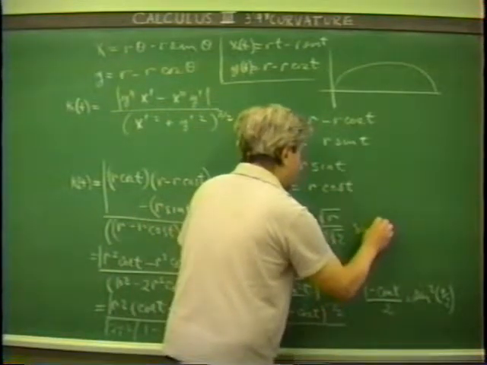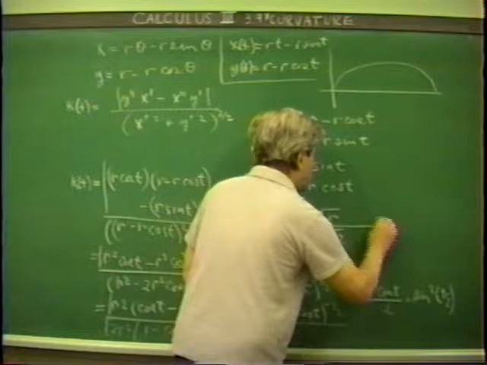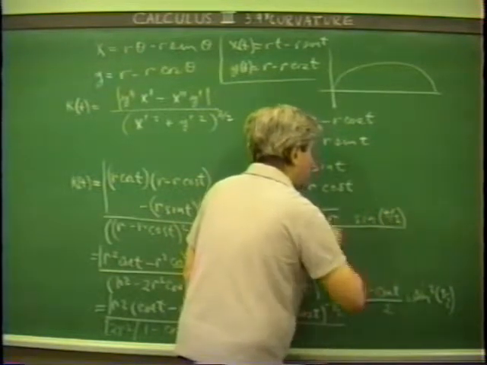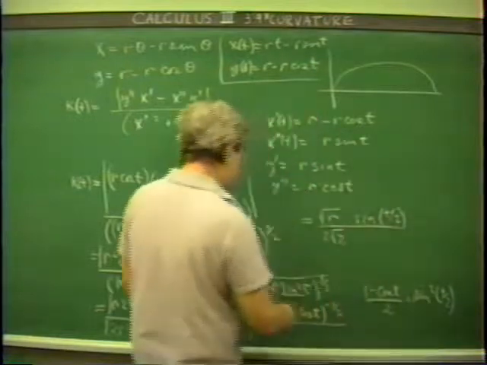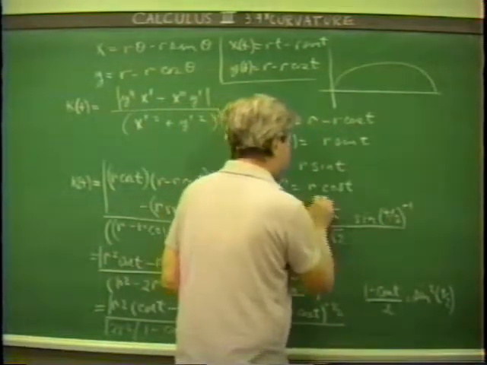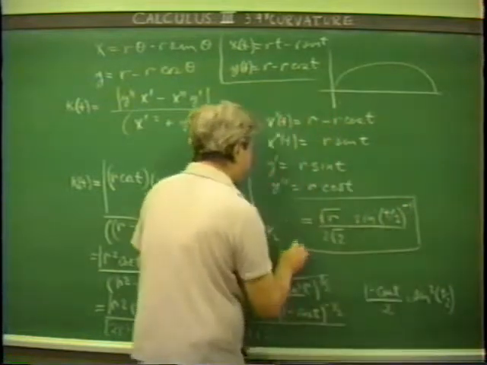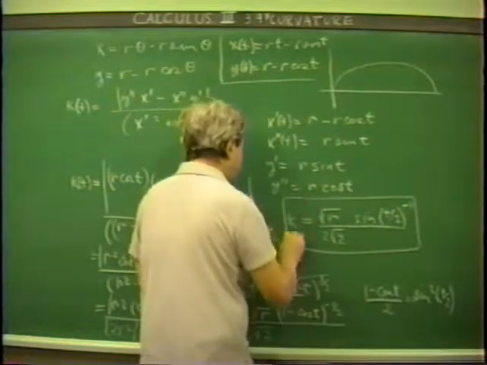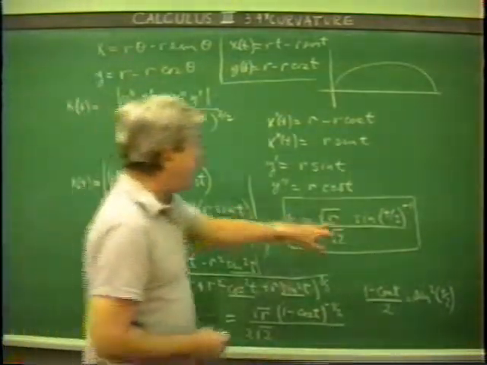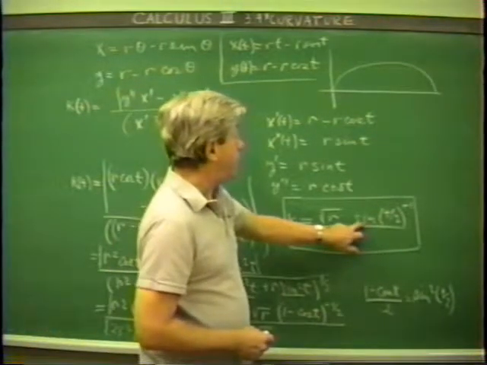So we can replace this 1 minus cosine t by 2 sine squared of t over 2. When we take the square root, we're going to end up with sine of t over 2, and this is going to be to the minus 1 power. So here's a simplified form for the curvature of the cycloid.